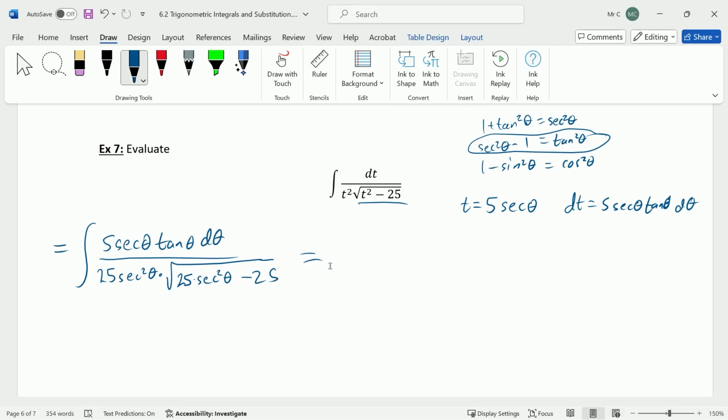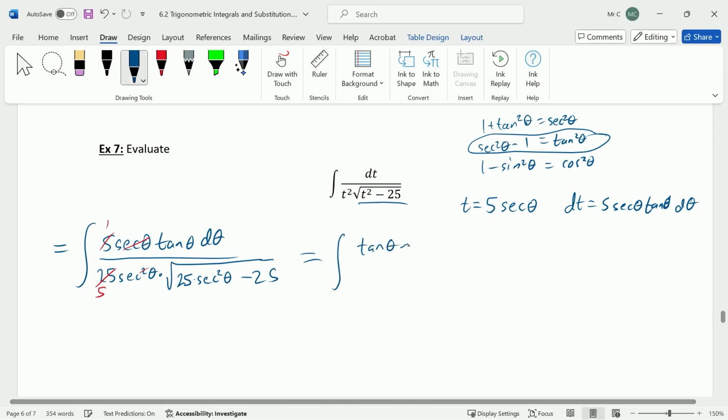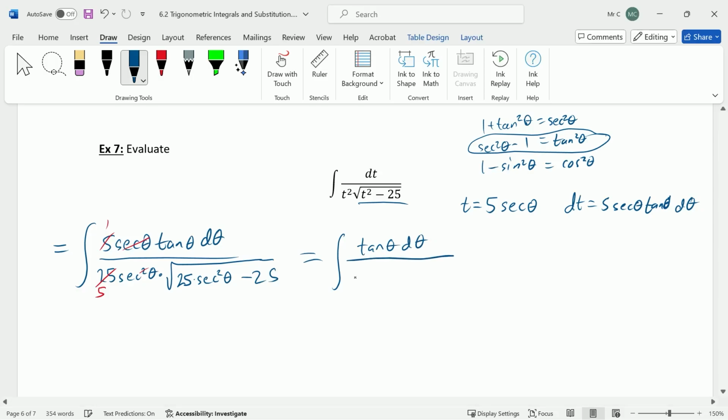And now we'll do a little algebra. So the 5 over 25 simplifies to 1/5. Secant of theta over secant squared cancels one of the factors, and I'll get left with just secant. So this becomes tangent of theta d theta over secant of theta. And down here, I factor out the 25 times secant squared of theta minus 1.